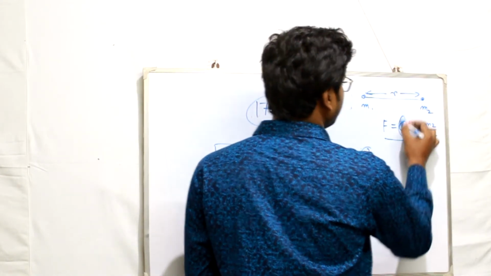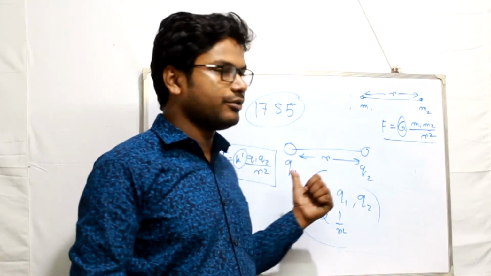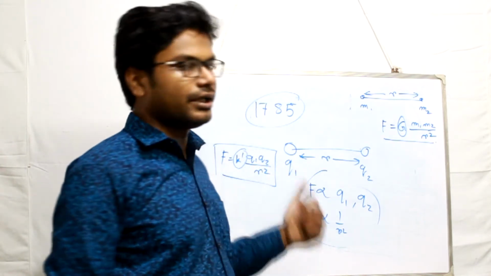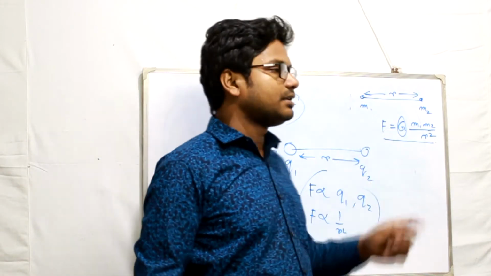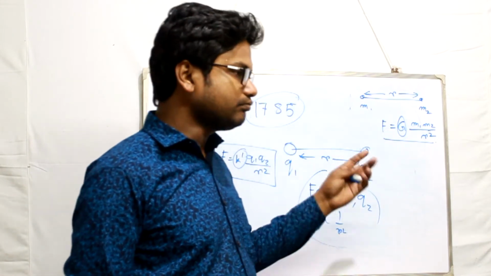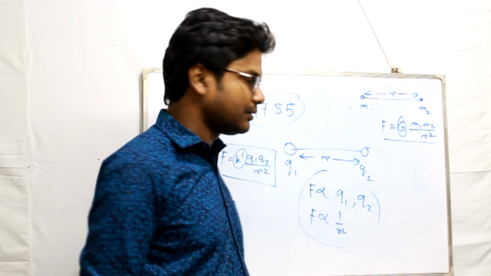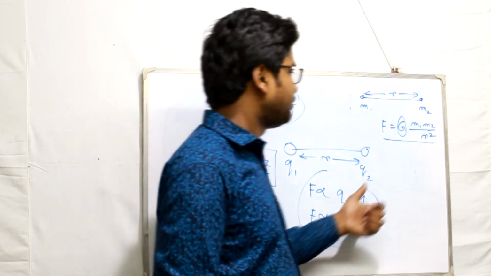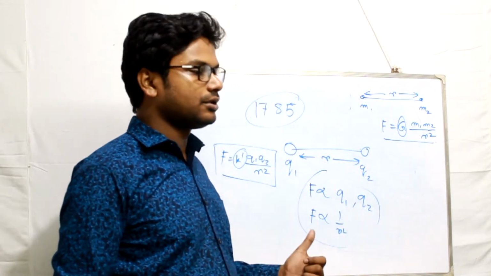Here G is the universal gravitational constant, which does not depend on the medium, but K prime depends on the medium. G depends on the choice of our units, and K prime also depends on the choice of unit.